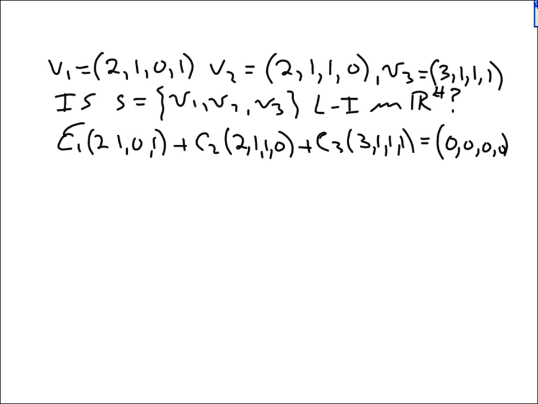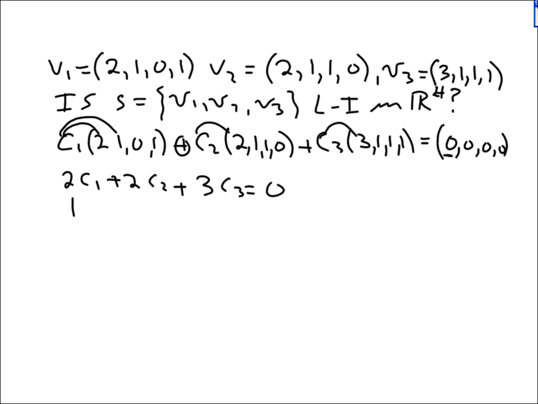For example, we have 2C1 plus 2C2 plus 3C3 is equal to 0. The second equation, second component, we get 1C1 plus 1C2 plus 1C3, and this is equal to 0.